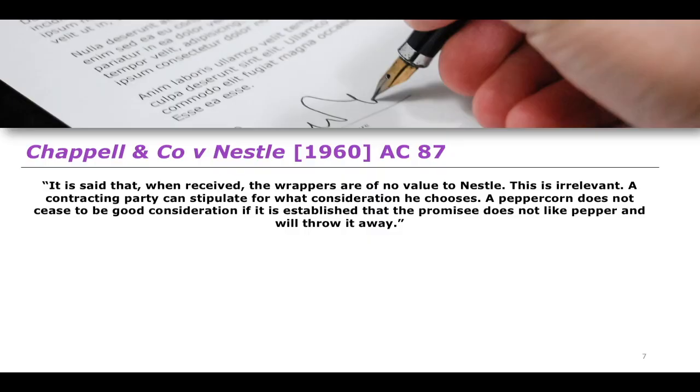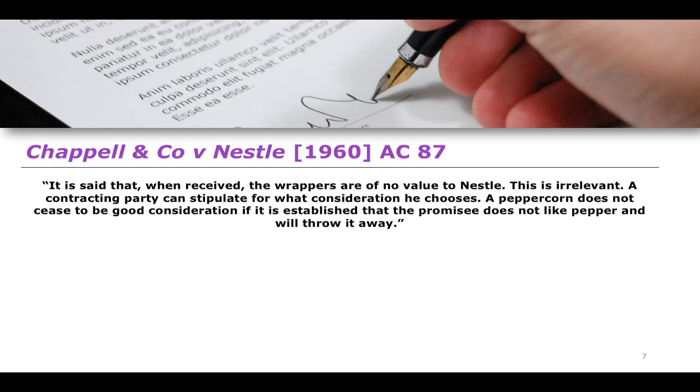Okay? This is a very important point, because it suggests that the tangibility of value in relation to consideration being sufficient is something that is not subjective. Just because to Nestle 3 chocolate bar wrappers have no value to them does not mean that they objectively have no value tangibly whatsoever.